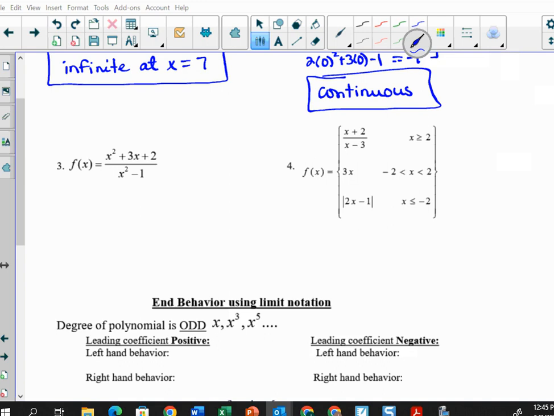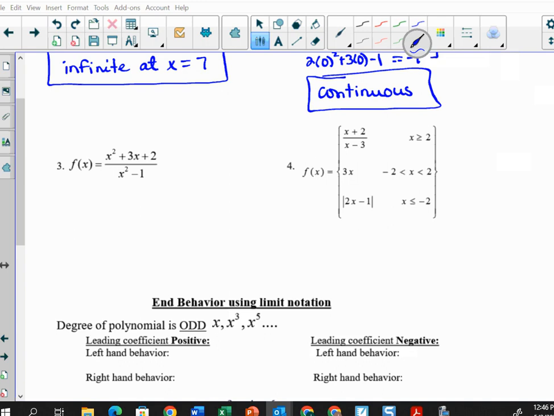You could have something with multiple holes and multiple asymptotes, or in a piecewise function you could have multiple jumps. I'm not saying it does or doesn't, but it could. When there are multiple pieces like that, that's potentially what could happen. So in number 3, there are 2 discontinuities, and in number 4, there are 3 discontinuities. Did you find all 3?